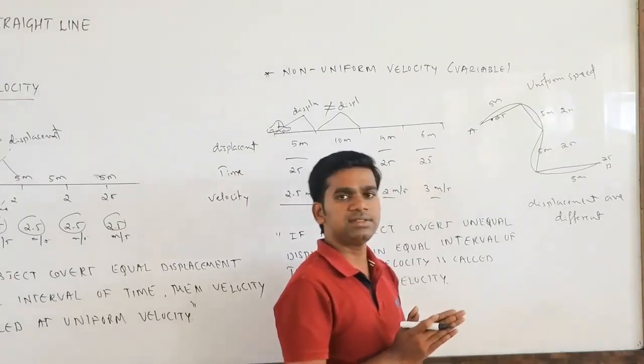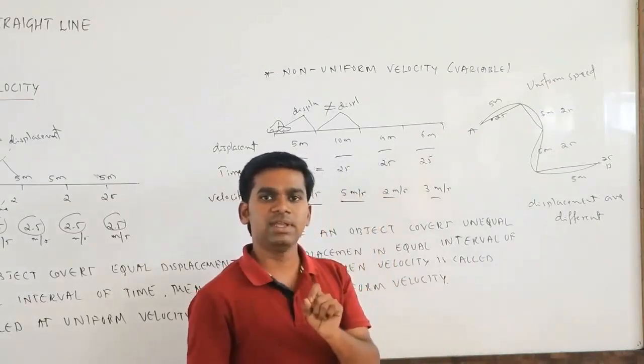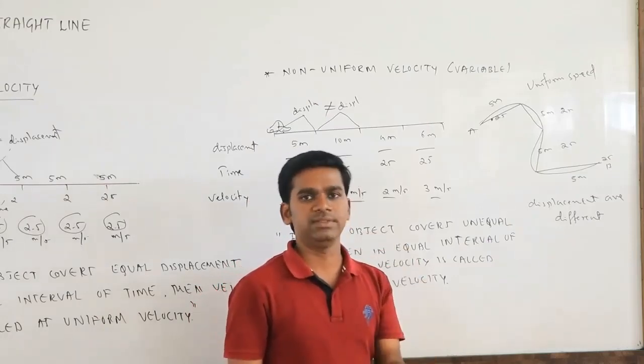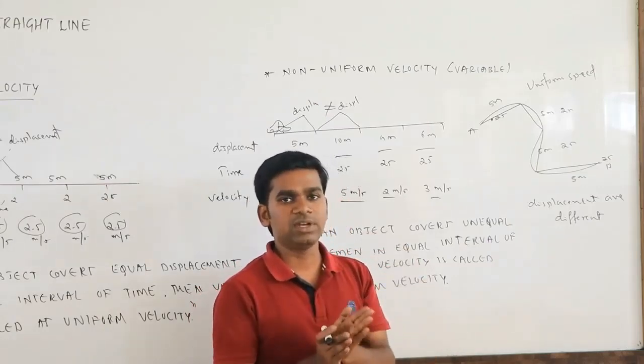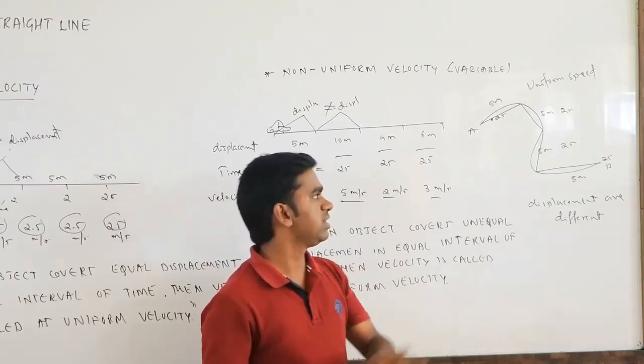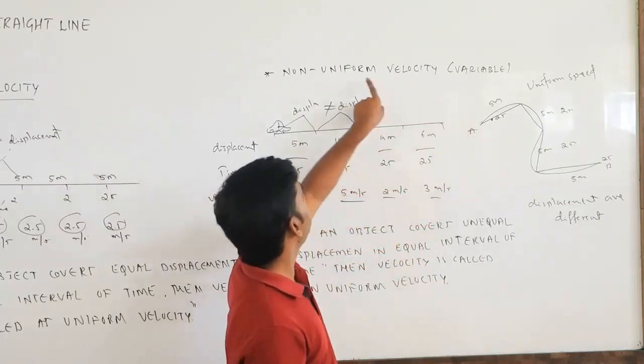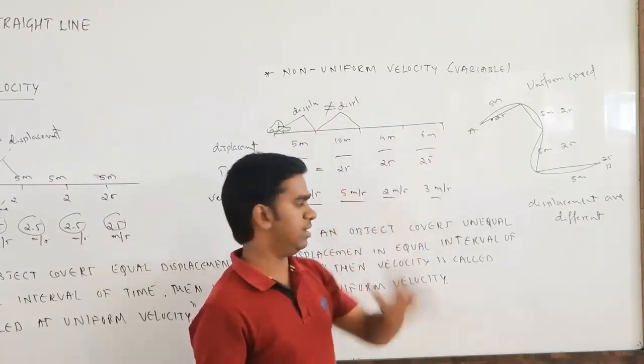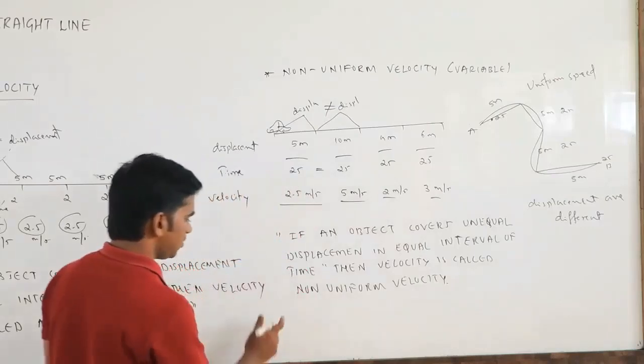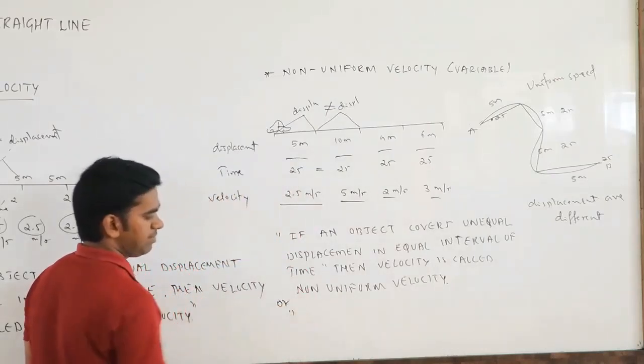Then what we can understand is, even though speed is same, if object is moving in different directions or is changing its direction continuously, then also we can call it non-uniform velocity. So I can add that definition also here. I will give one more definition. What is that?